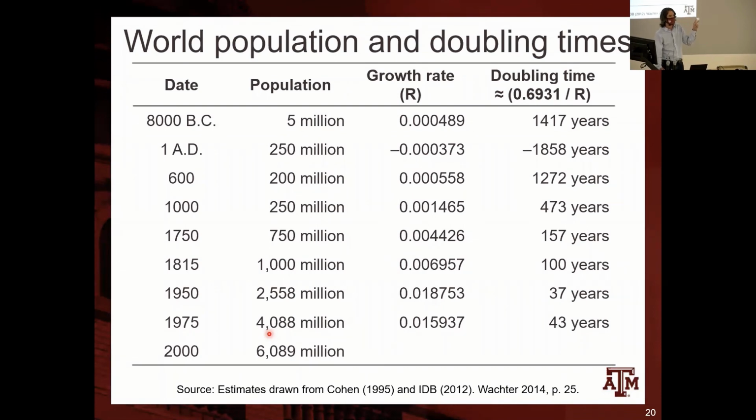How long would it take for the population to increase to 8.2 billion? Only 43 years. So here, it would increase from 1 to 2 billion. 1 additional billion would take 100 years. Here, from 4 to 8, 4 additional billions, only in 43 years.